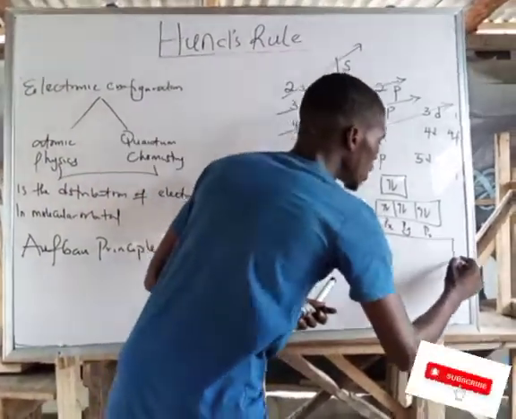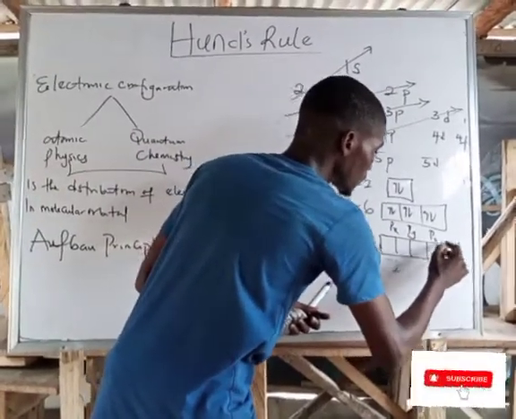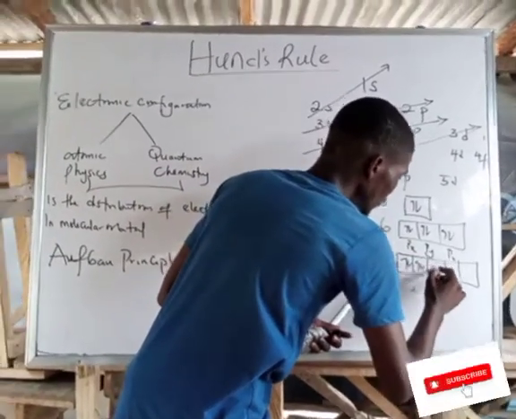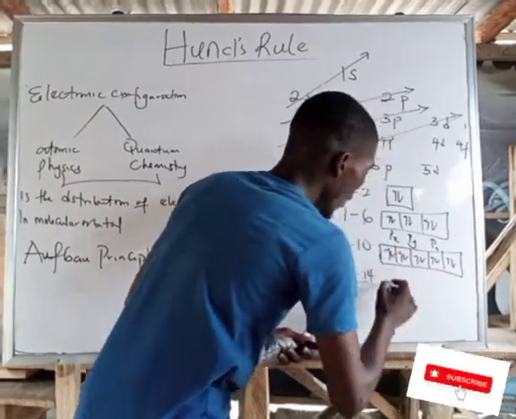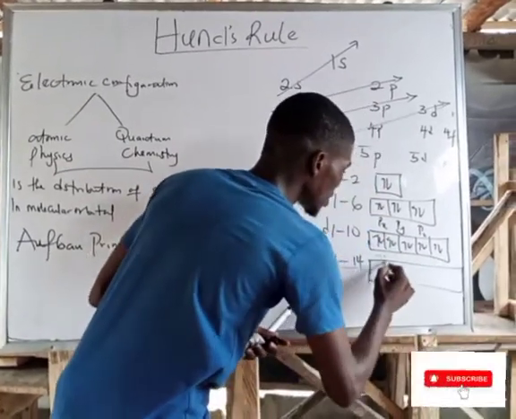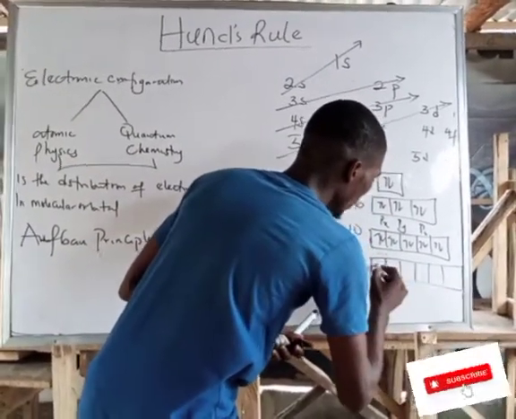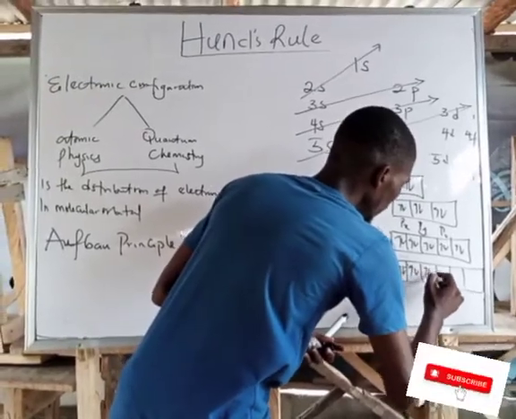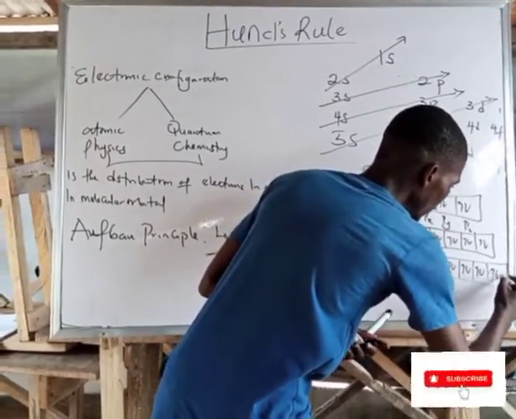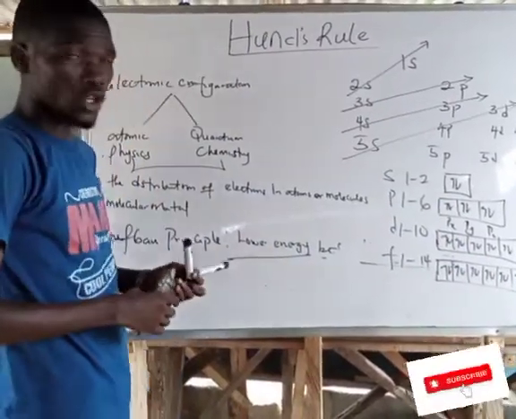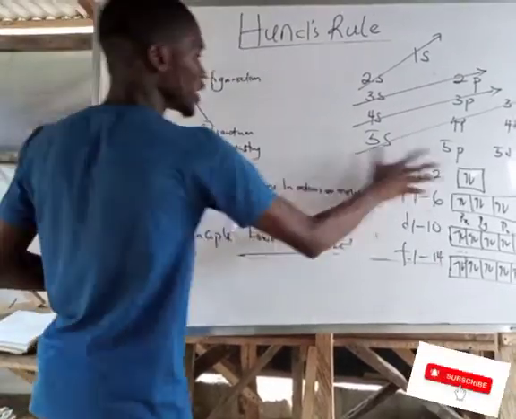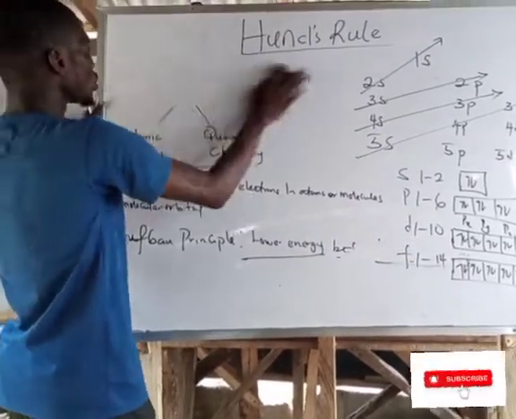For d, we have five degenerate orbitals, while for f, we have seven degenerate orbitals. Are you with me now? So guys, let's relate all these to Hund's rule.